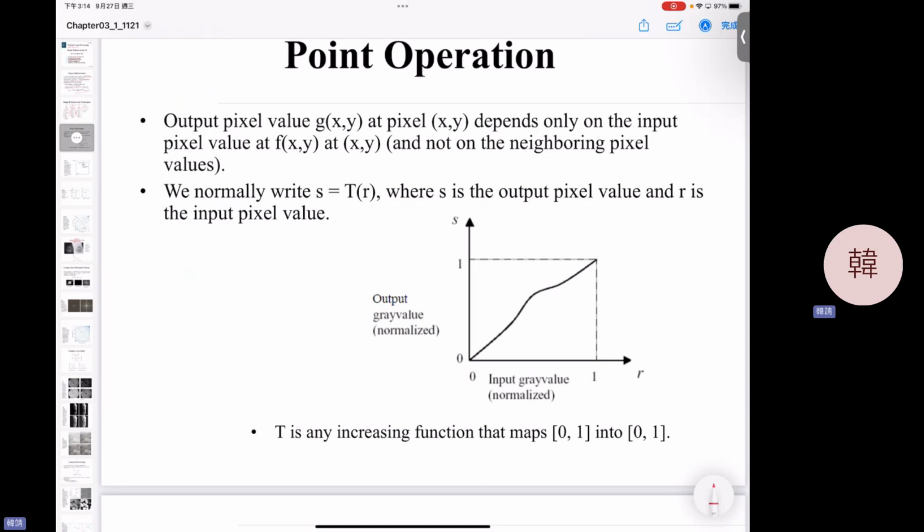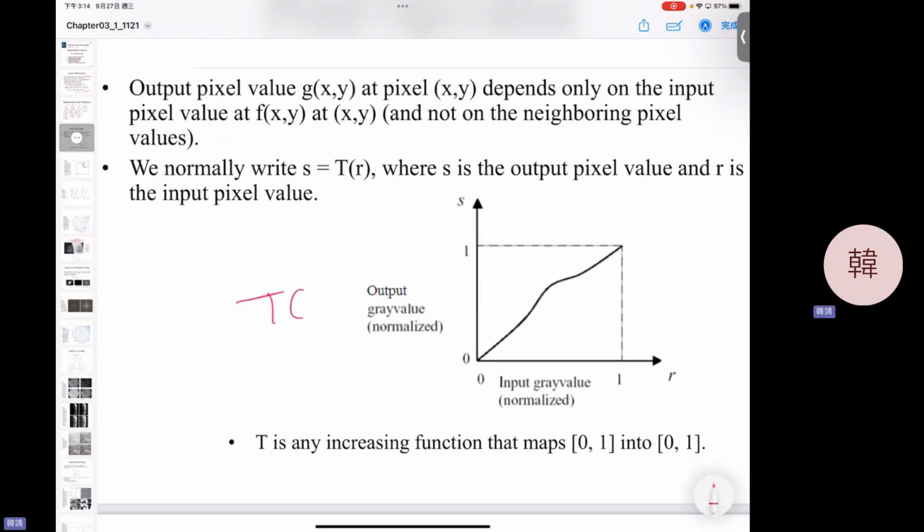For a discrete 8-bit image it is 0 to 255. This is the transformation function. This is the input R. We use R as your input parameter, and you try to change it to S. So you have to define a function we call T of R, and transform to S, so r_k to s_k.